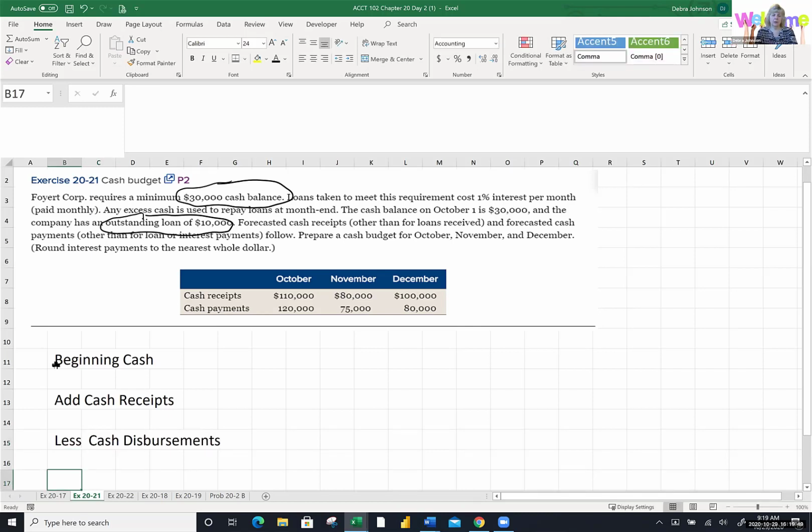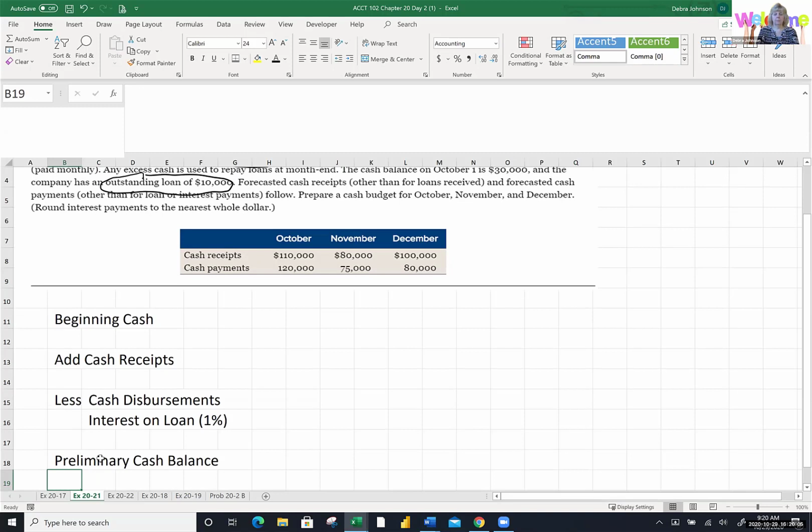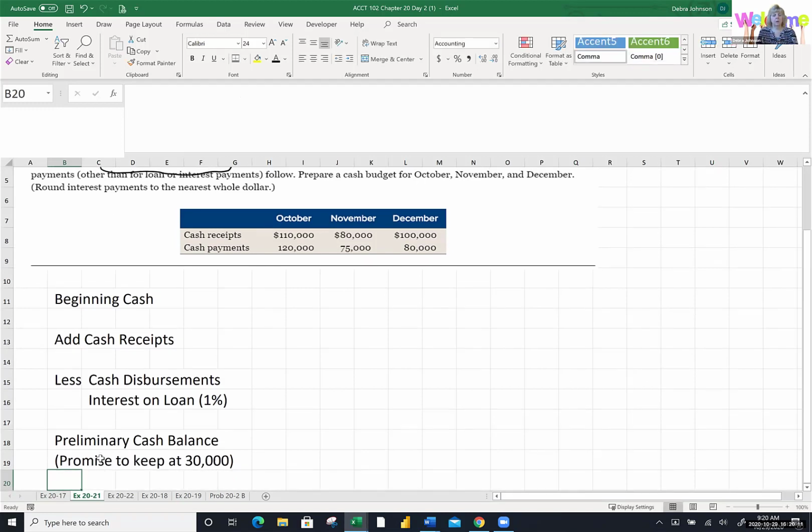And that's, oh, I got to do my interest. Let's not forget that we have a loan. So interest on loan, 1%. And that's going to give me what your book will call preliminary cash balance. I'm going to write in a note, promise to keep at 30,000. That's just my note.